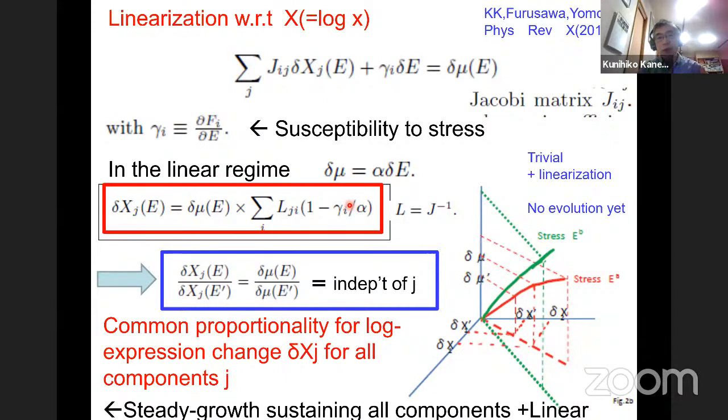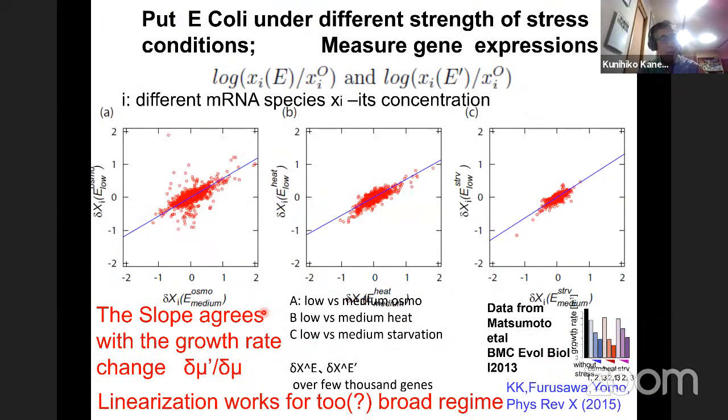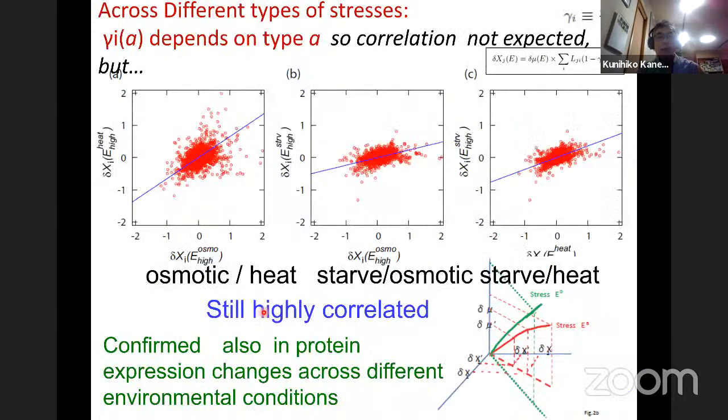And that is okay for the same stress type. But for a different stress type, this can be different. So we cannot divide this. So the theory cannot say anything from that. But still, from the experimental data, we can compare. And okay, it's worse than the previous comparison, but still it looks okay.